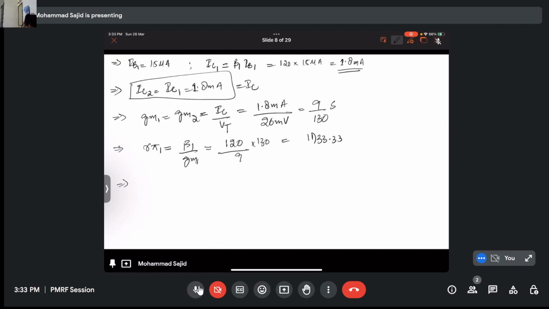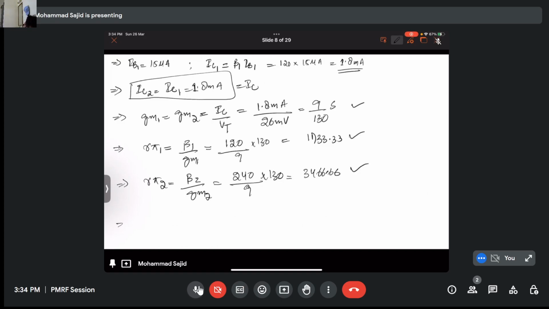Okay, so we have R pi 2, which is equivalent to beta 2 by GM2, that is 240 divided by GM2, which is again 9 by 130. That should be 2 times the previous answer. 240 divided by 9, that is 3466.66. Now we have R pi 1, we have GM1.